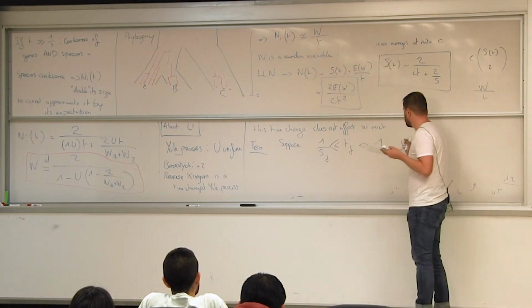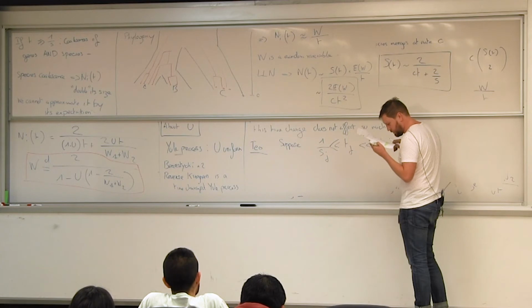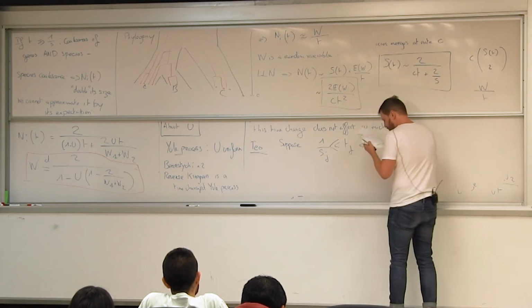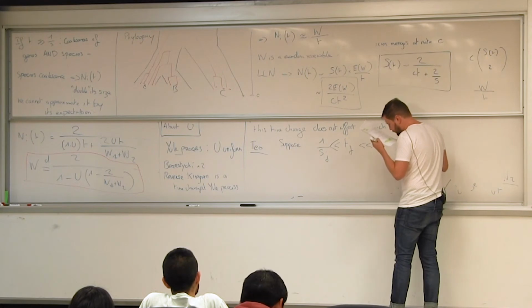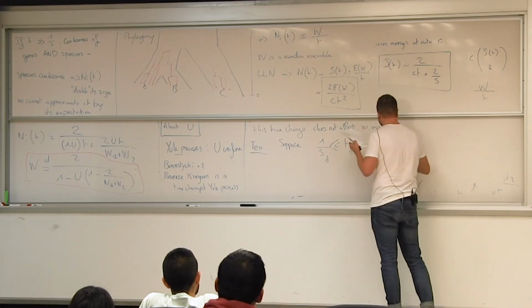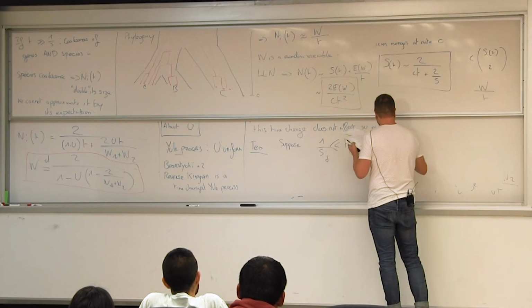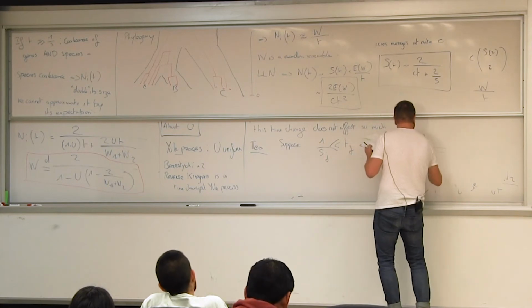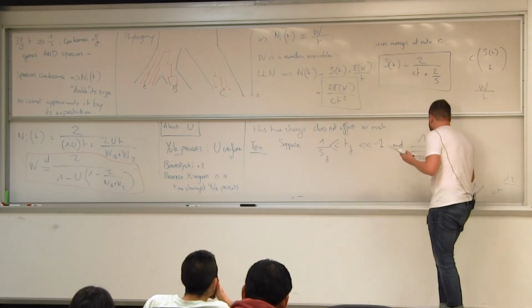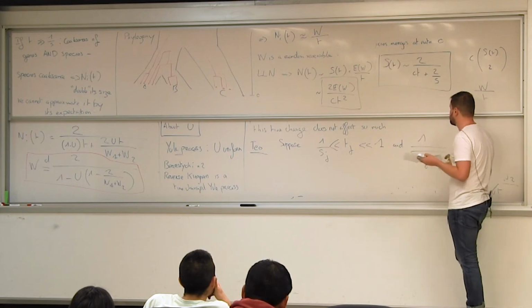And, well, there is another condition that I won't write because I did not find any intuition for this one. But, well, I can write it actually. Yeah, it's nothing. And 1 over square root of n_j s_j. So n is the number of genes inside the species.